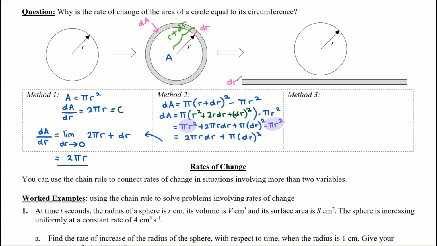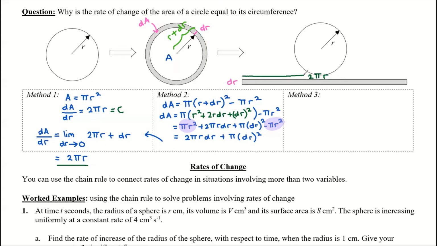It must equal the circumference. Now, it's not quite like that because, as you saw in method 2, there's a little bit extra that has to be argued away, has to tend to 0. But just for simplicity, we'll say this length must be 2 pi r.